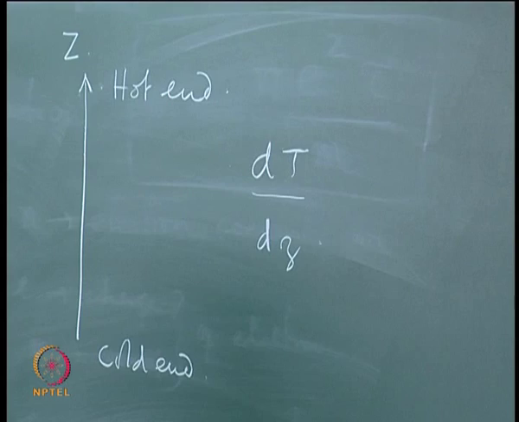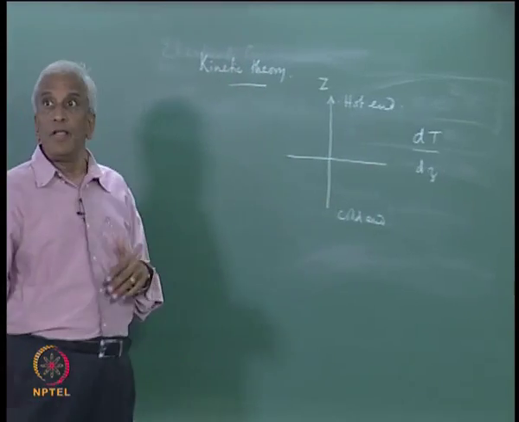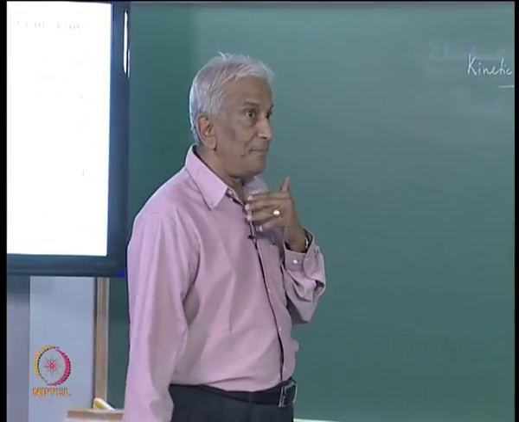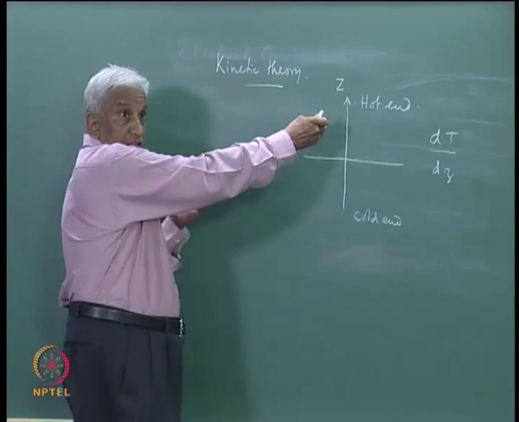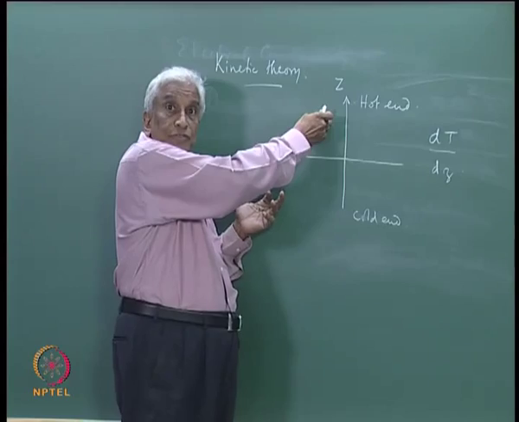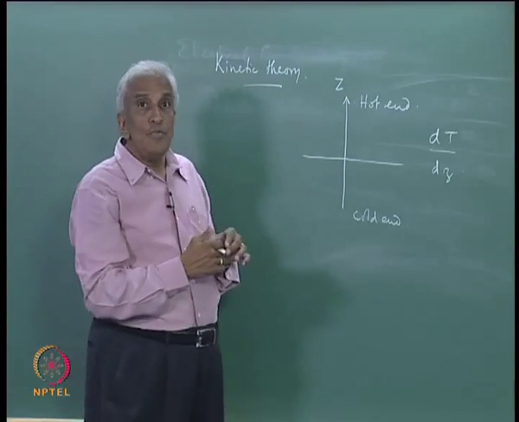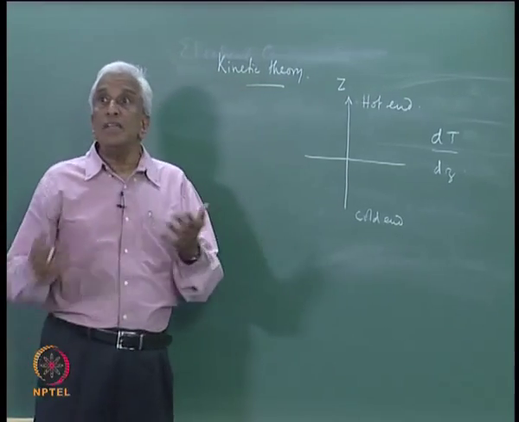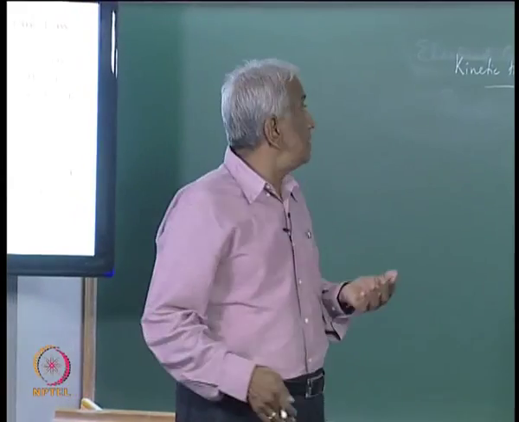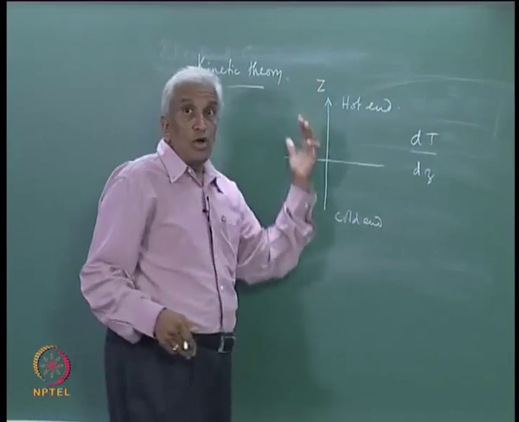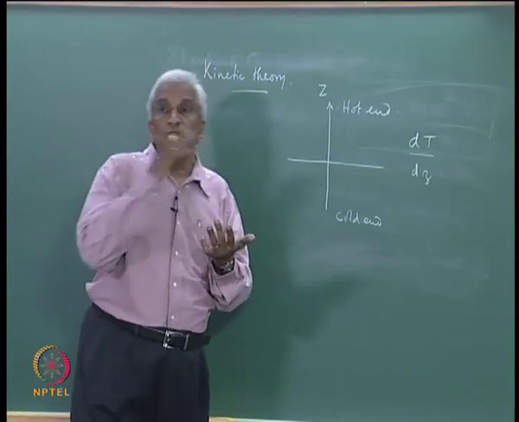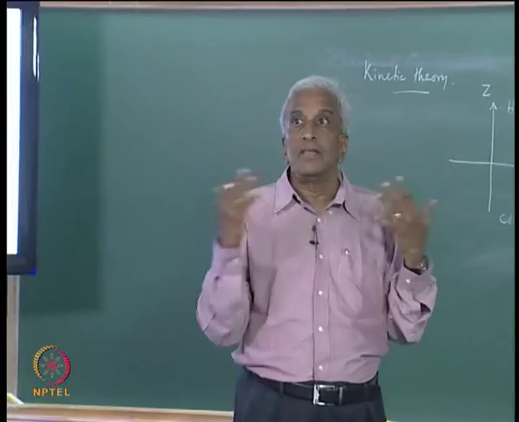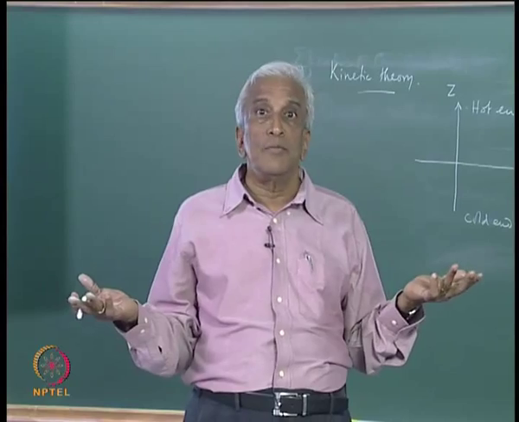Suppose we consider a section here and look at unit area, and in this unit area, if there are n gas molecules or atoms per unit volume, then on an average n by 3 of these will be directed along the z direction, because x, y and z are the 3 standard directions in 3-dimensional space.